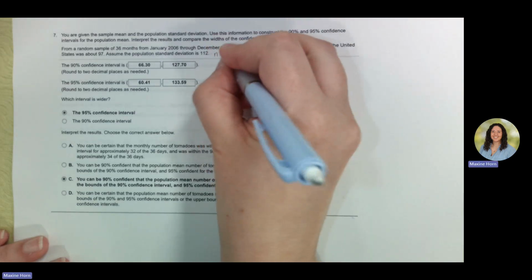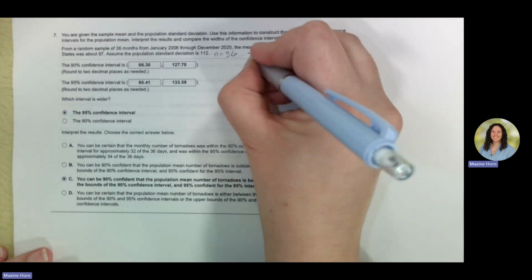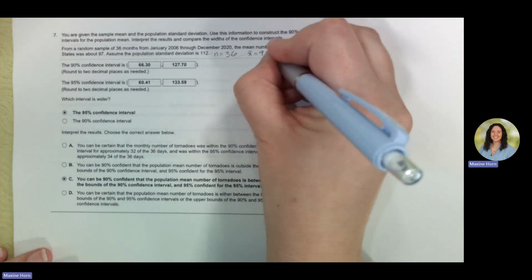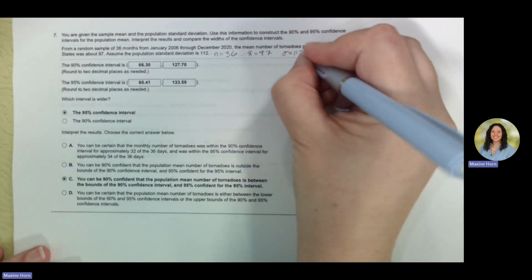N is 36. The mean number of tornadoes per month during that sample was 97. And then we have to assume that the population standard deviation is 112.